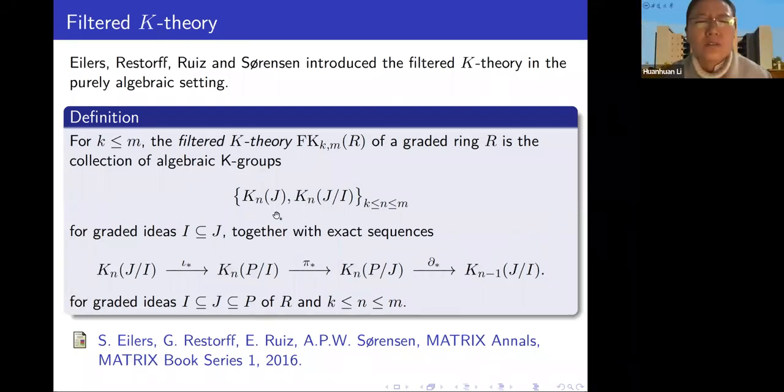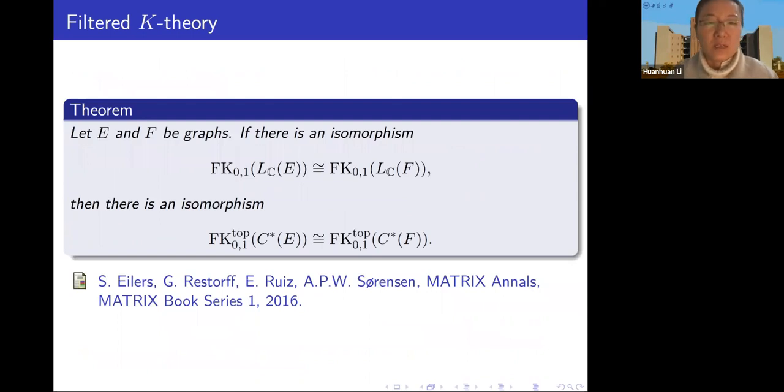Okay, I see. So maybe here we consider all the graded K groups for that. Okay. So actually, they have the following theorem: if filtered K theory for Leavitt path algebras over C are the same, then the topological filtered K theory for the C-star algebras are the same also.